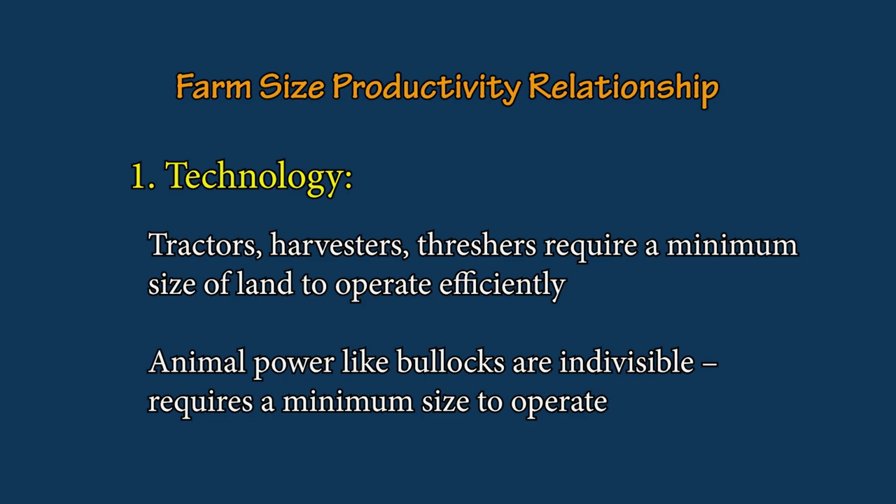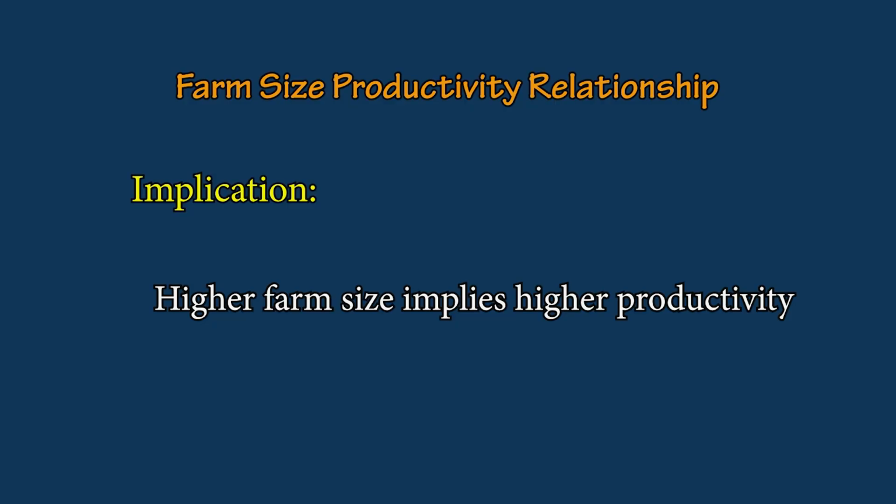So, in that case, these traditional factors also require a minimum size of land to operate efficiently. So, what is our take? Higher farm size due to the technological reasons implies higher productivity.